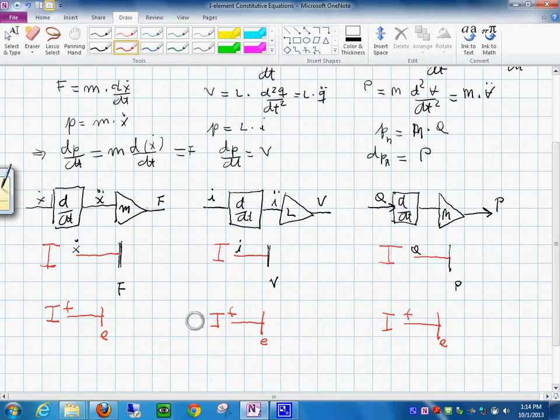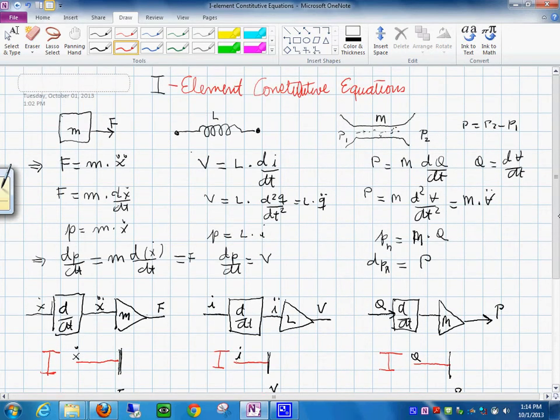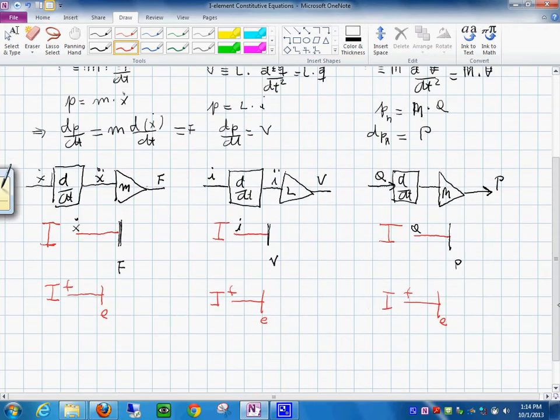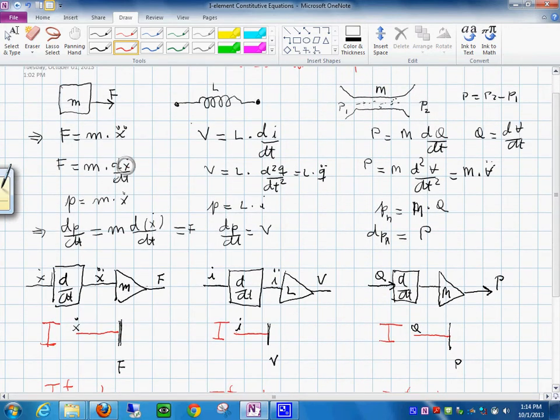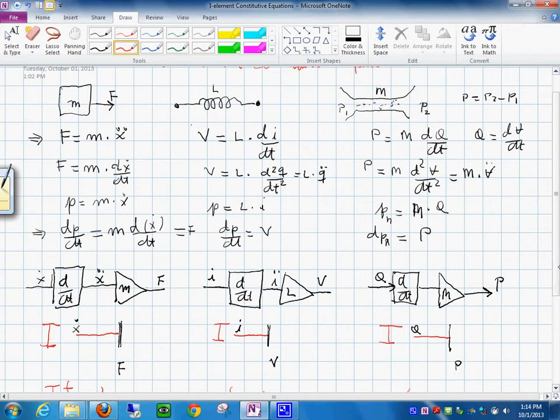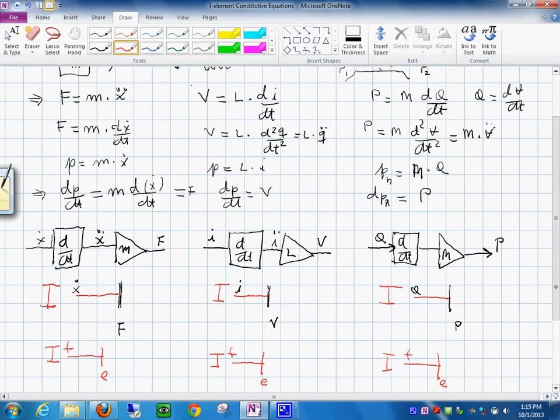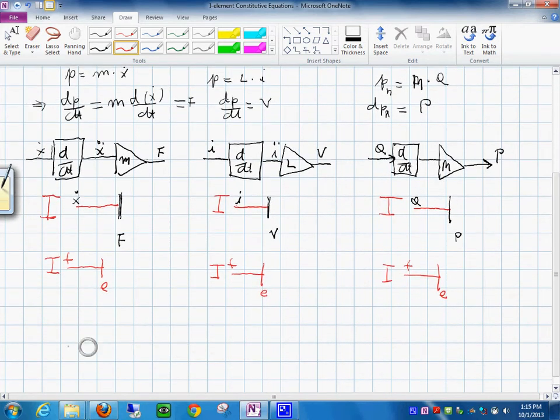So this is the derivative form of the I element. I told you from the beginning that this was in derivative form. So the equations of this, in summary, for this element in here, you have that E is equal to I times df dt.